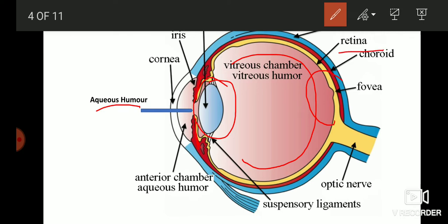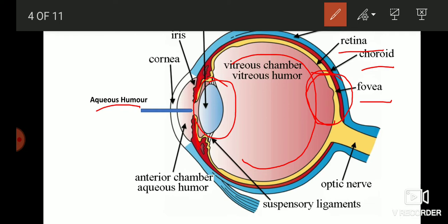There is another layer known as the choroid, which is shown here in red color. The most sensitive point, where the image forms and we can get a clear view, is known as the fovea. Here most of the light sensitive cells are present.